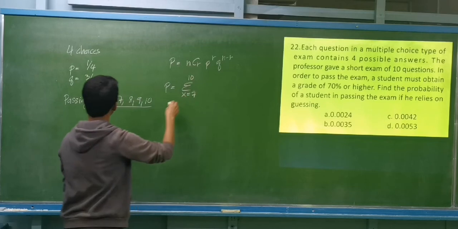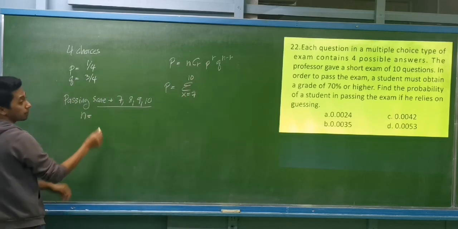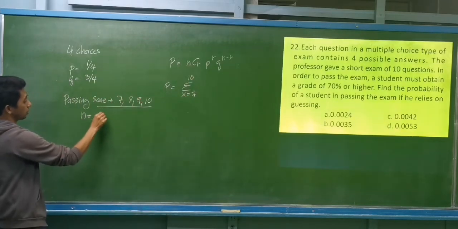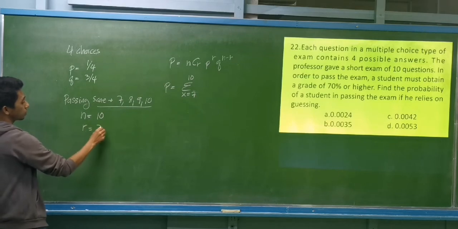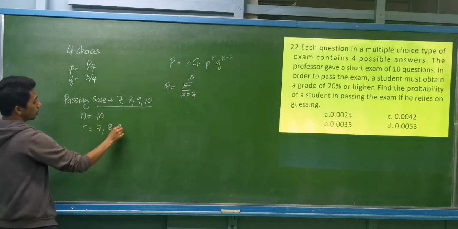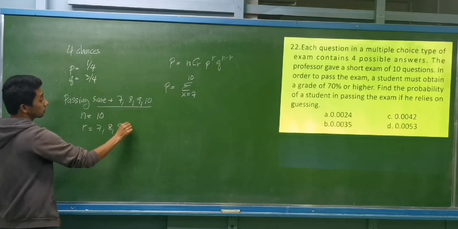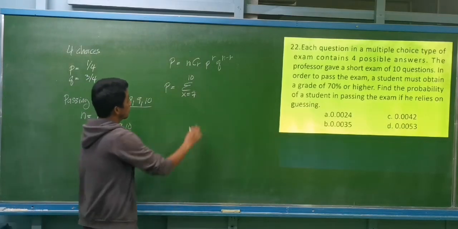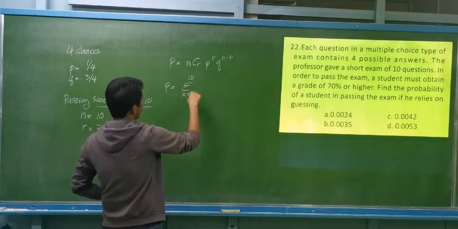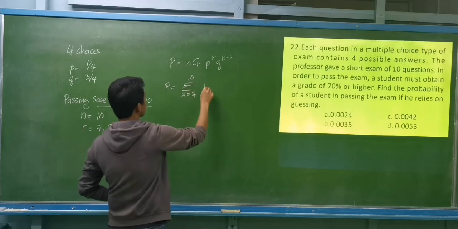Ano yung n natin? Yung number of items, that is 10. Yung r natin, pwedeng 7, 8, 9, 10.